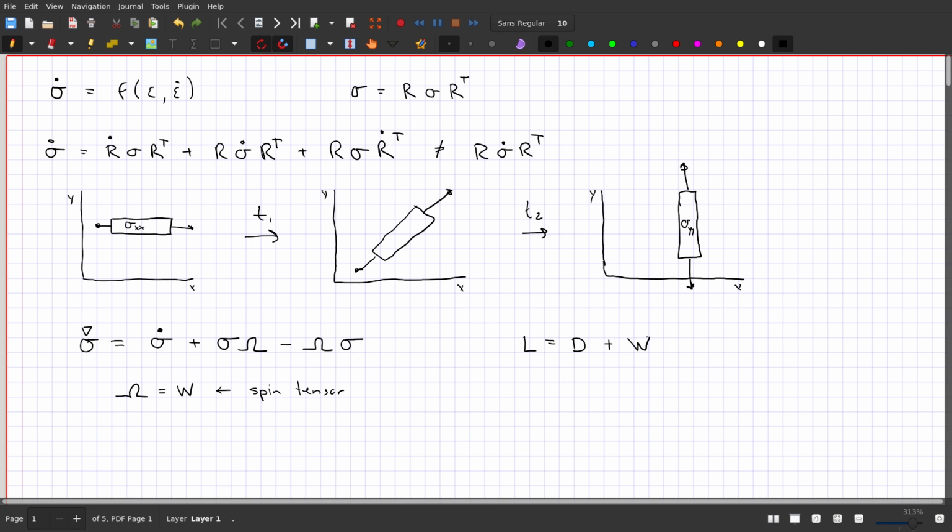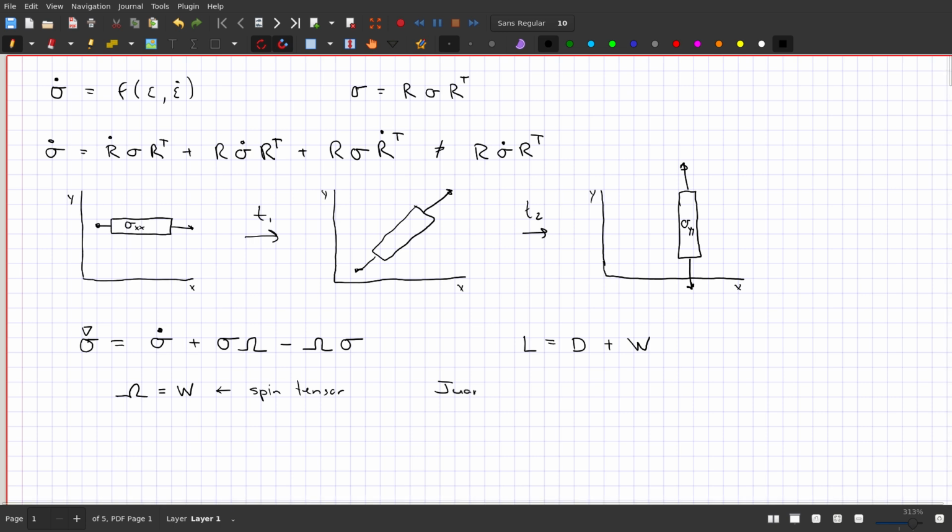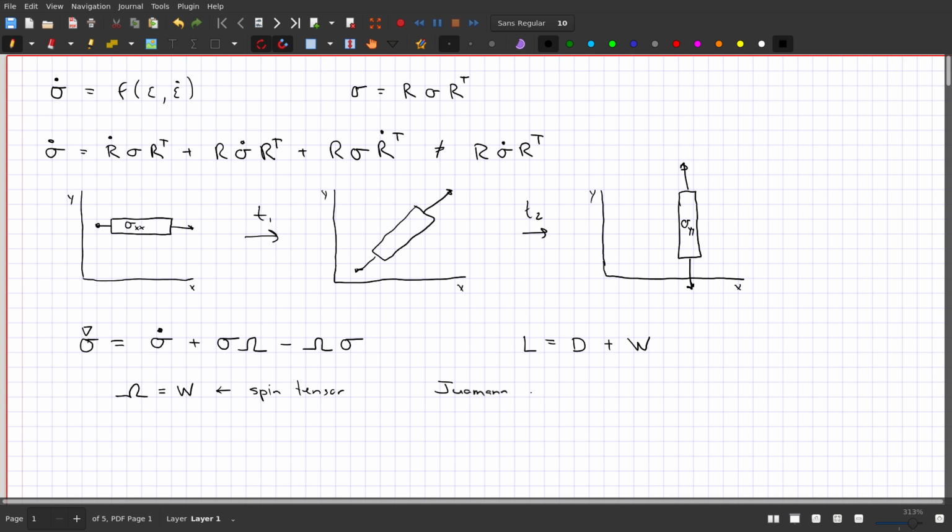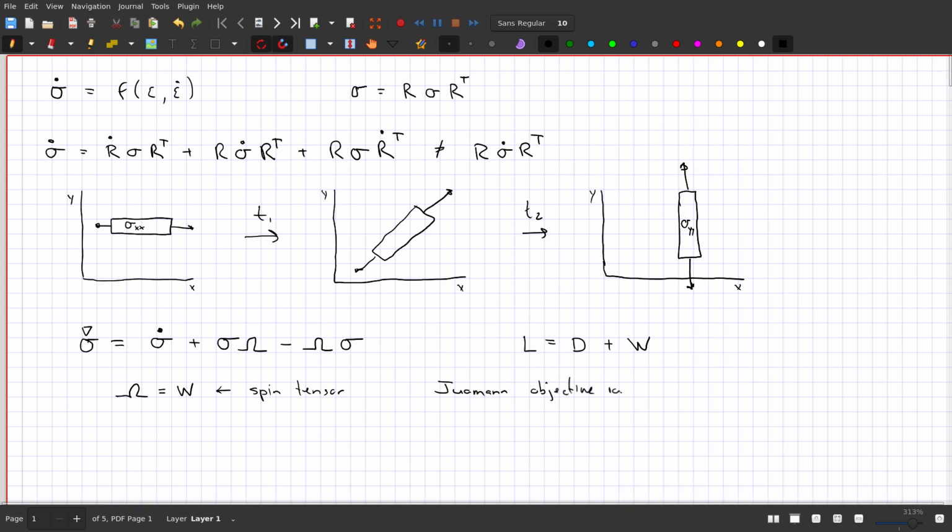So if we define that as the spin tensor, then this is called the Jaumann objective rate of Cauchy stress.